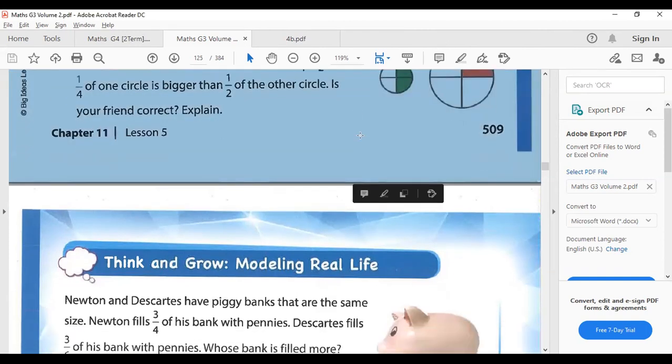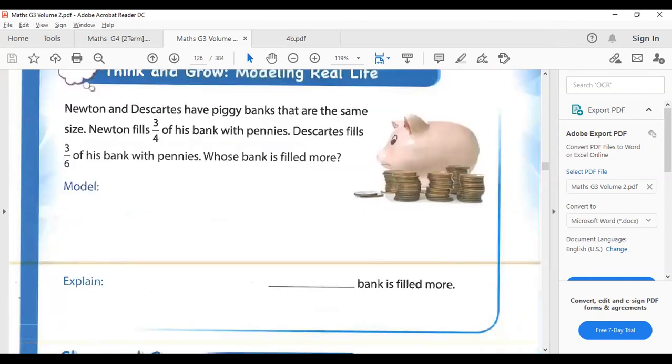Okay, Abdurrahman, this question is talking about saving money. So, Newton and Descartes have piggy banks. This is not much money.